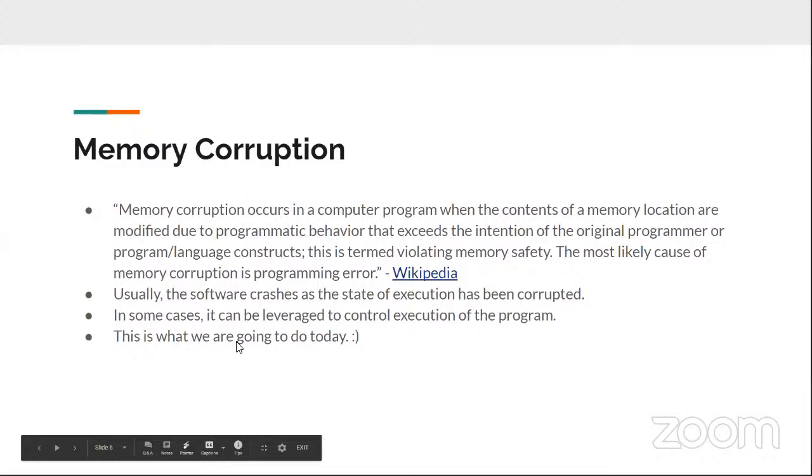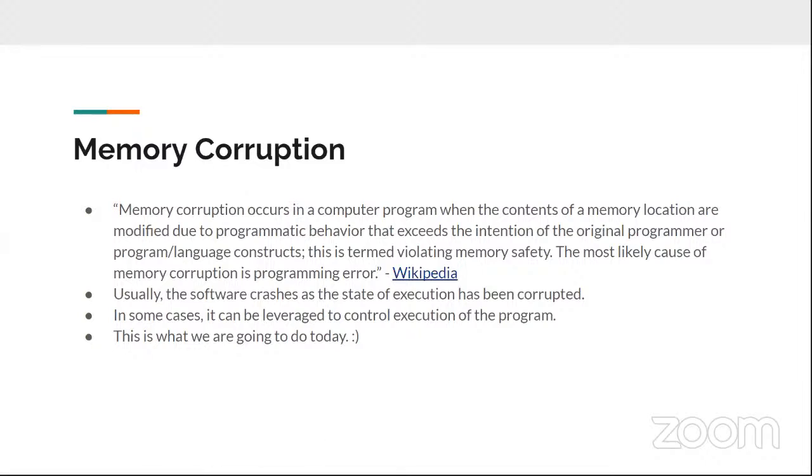instructions at that address. Now, in some cases, it can be leveraged to control execution of the program, but it is not always the case. In some cases, you would be just able to crash the program, but in other cases, you would be able to control the execution.